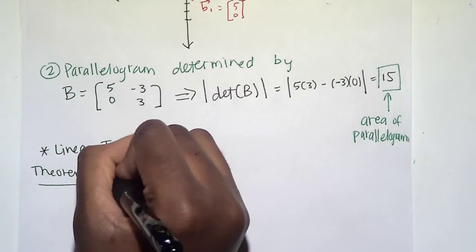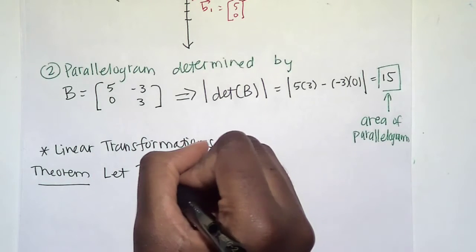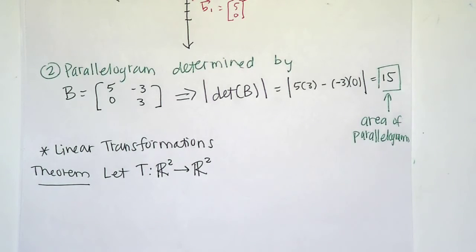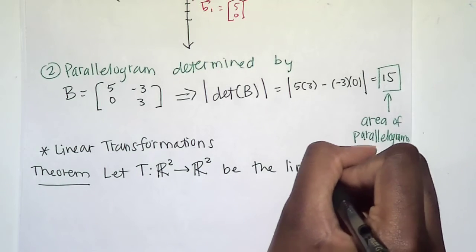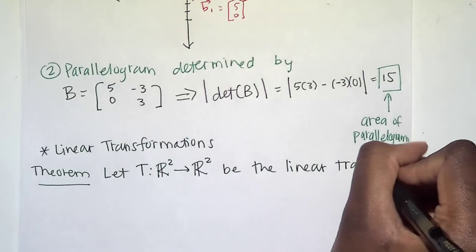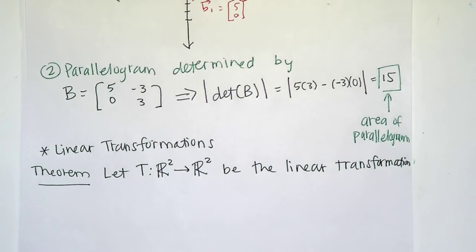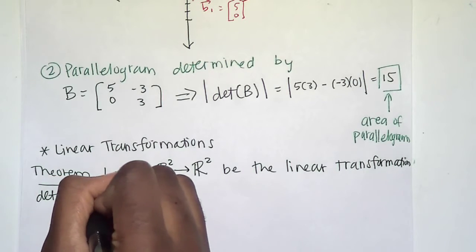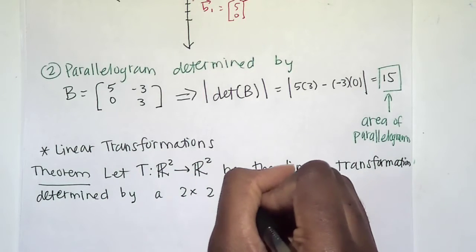It says let T that goes from R2 to R2 be the linear transformation determined by a 2 by 2 matrix.